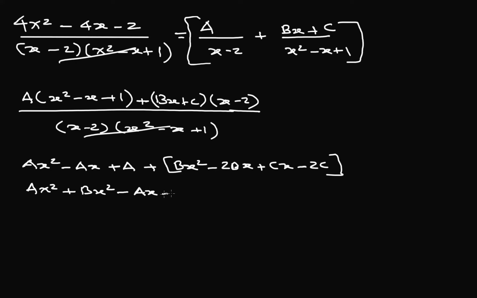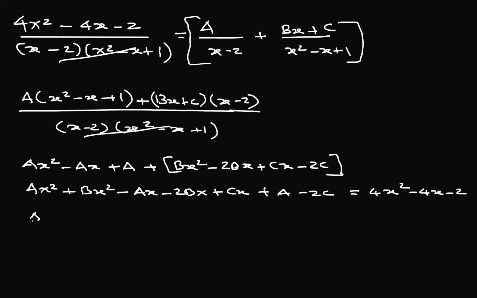Then here I'll have minus 2bx. Okay. Then plus cx, because this is positive, so everything remains as is. Then we have constants, which is a minus 2c. Right. So we have this. If I factorize, I'm going to get a plus b. Then this now we can equate to the first part, which is 4x squared minus 4x minus 2.